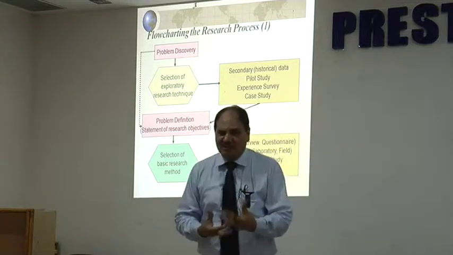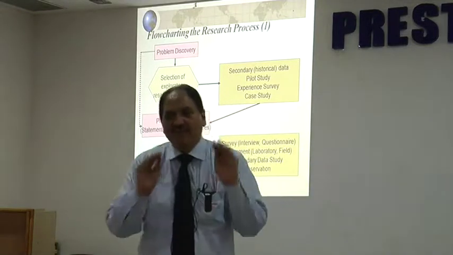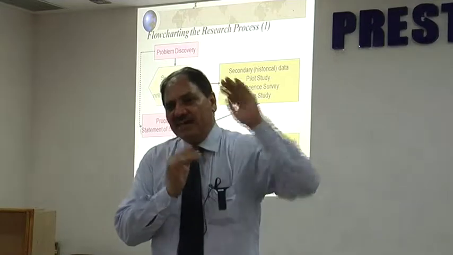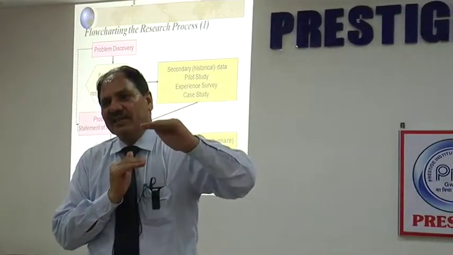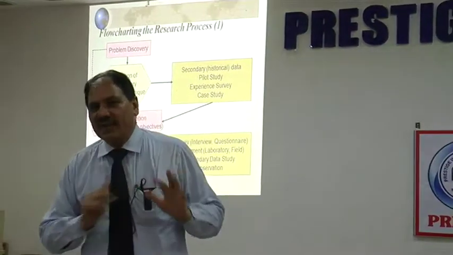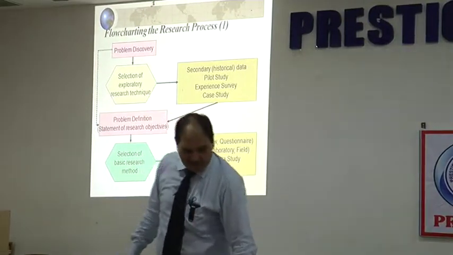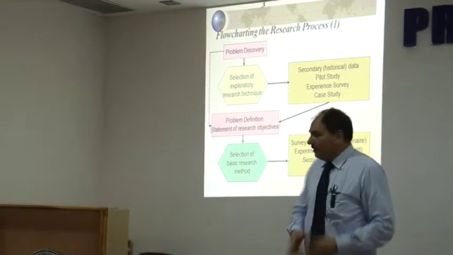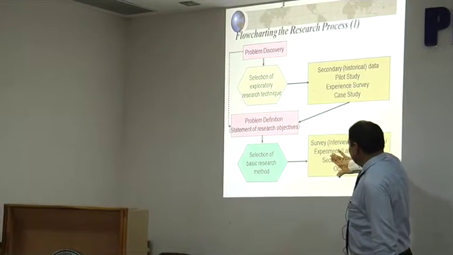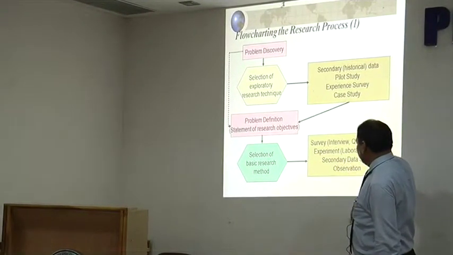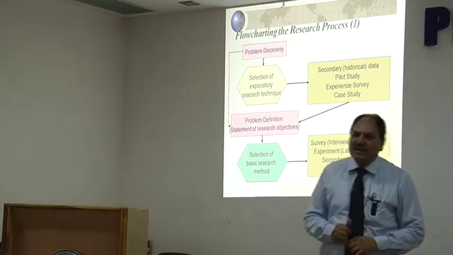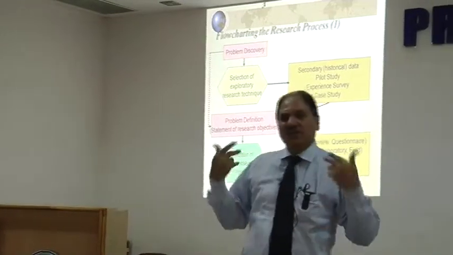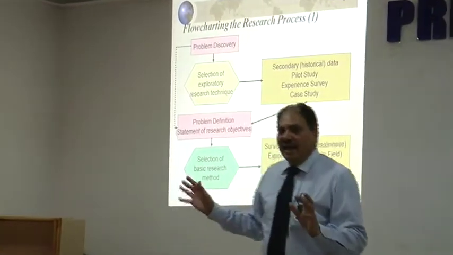Methods of carrying out this research. Once you have decided the basic research, that is, I will do exploratory research, I will do descriptive research or causal, then you decide what will be the method used for collecting data, right? So either survey would be used for collecting data, or experiment would be, or secondary data would be used, or observation would be used as the method for collecting data. So you select one of those.